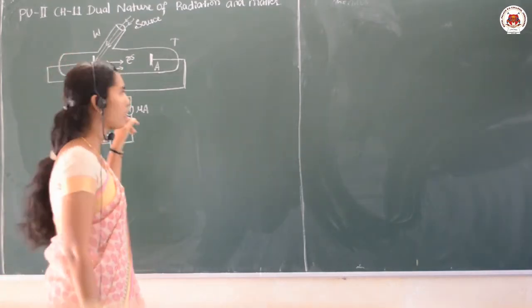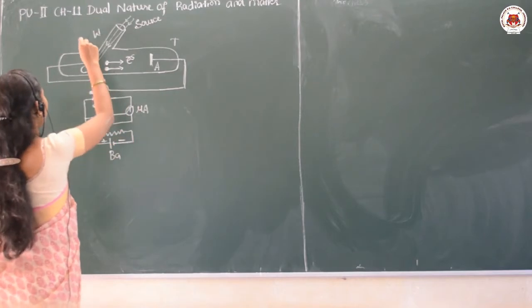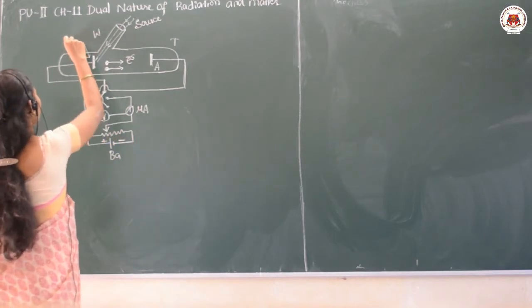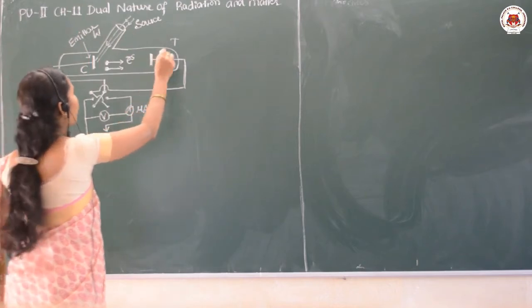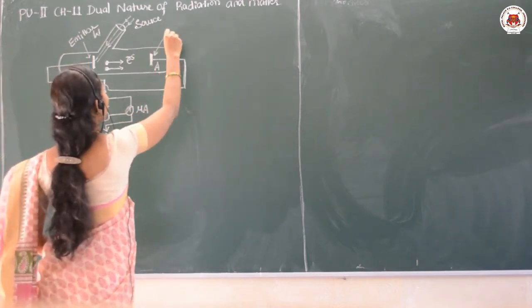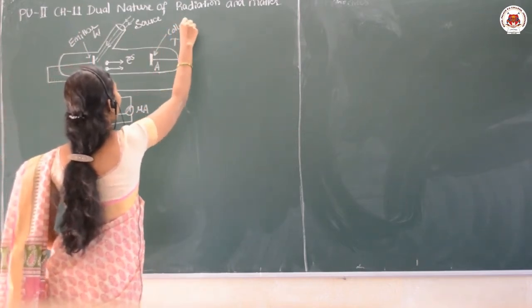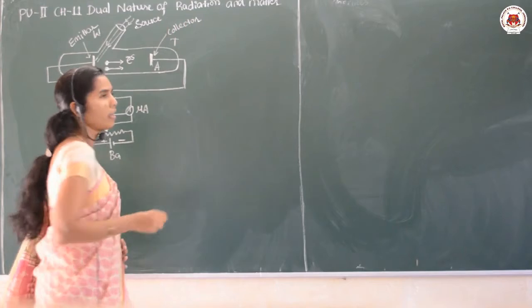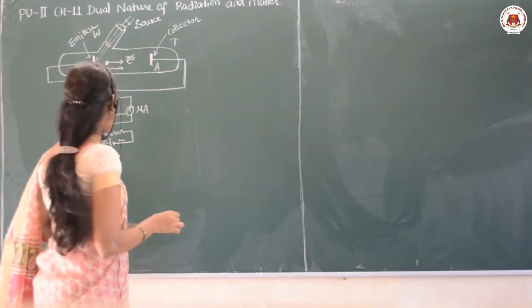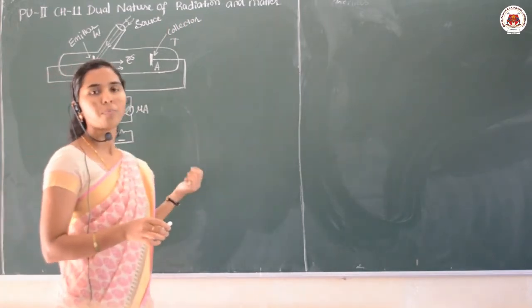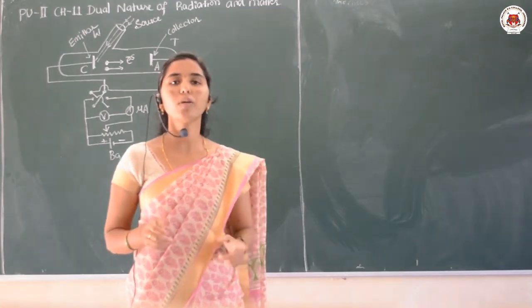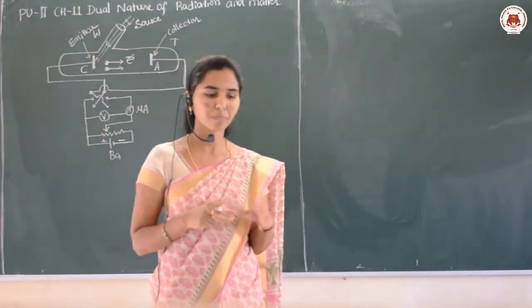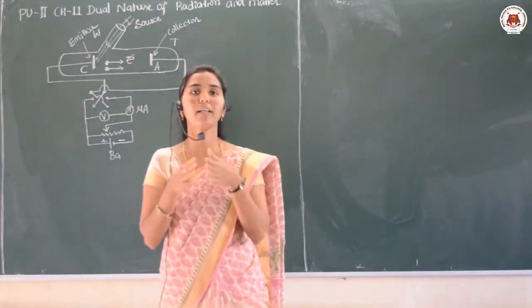One is plate C, which is called the emitter plate, and the other plate, plate A, is called the collector plate, right? And in the previous video you learnt the effect of intensity of the incident light on the photoelectric current. What is a photoelectric current?